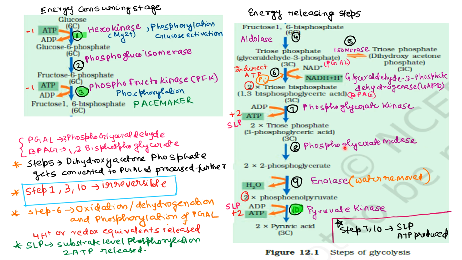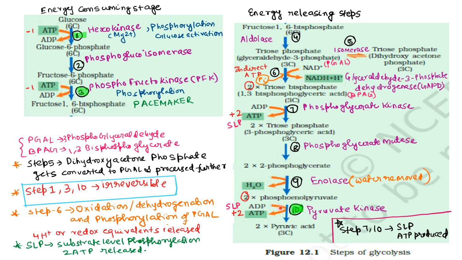Okay. Now, this 2-phosphoglycerate is converted into phosphoenolpyruvate, and in this step water is released. Okay. Now, the enzyme enolase is responsible for this reaction.